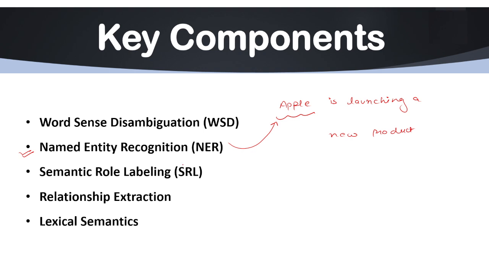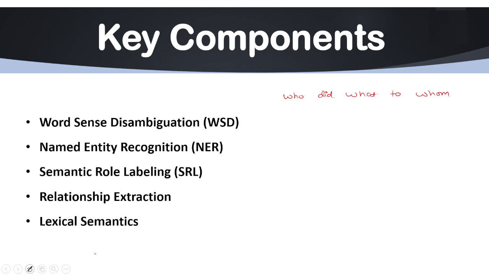Clear? Another type we have is semantic role labeling, simply known as SRL. It tells us who did what to whom in a sentence.